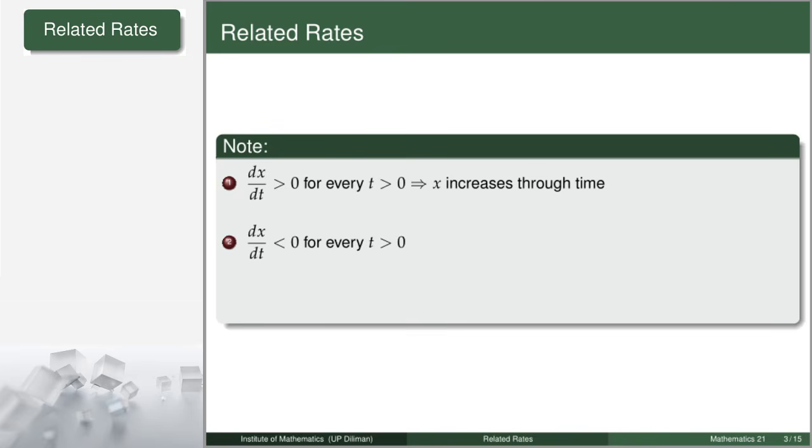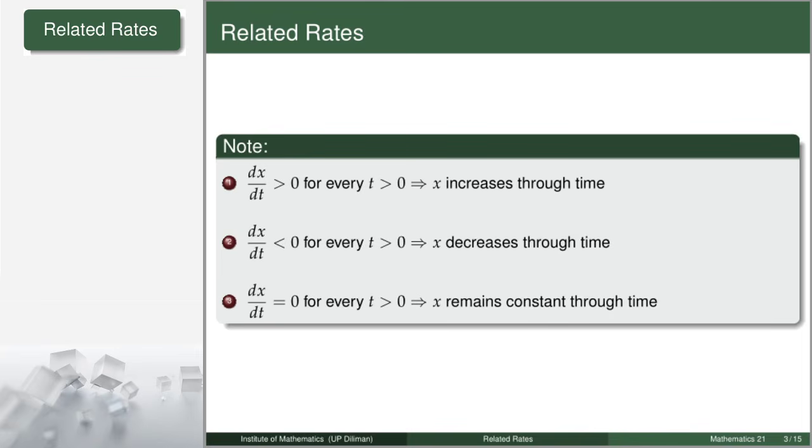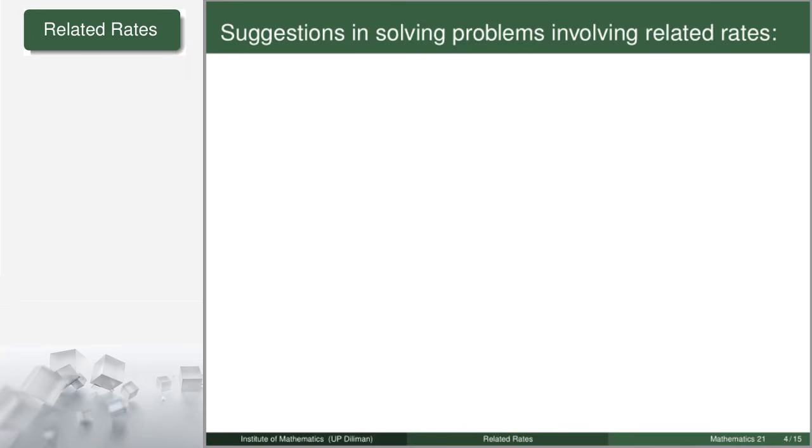In case that it is negative, then we say that x decreases through time, and when it is 0, we say that x remains constant. This will be important later on when we analyze the idea of increasing and decreasing with respect to the sign of our rates. Now let us go to the suggested steps in solving related rates.